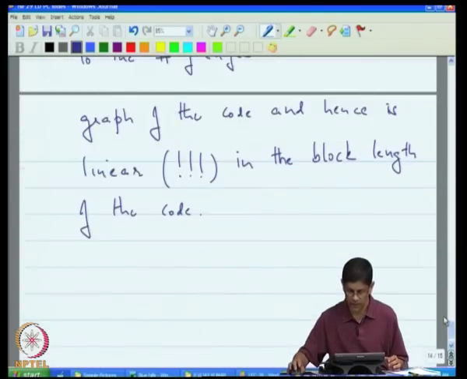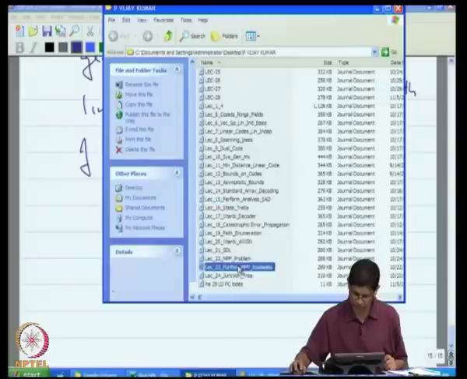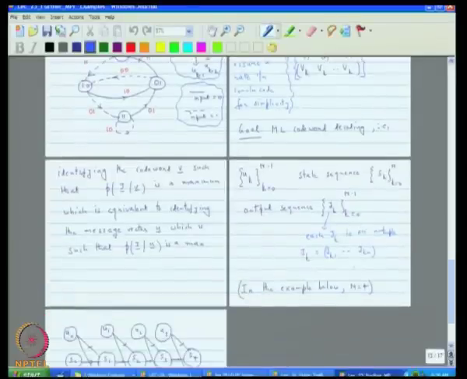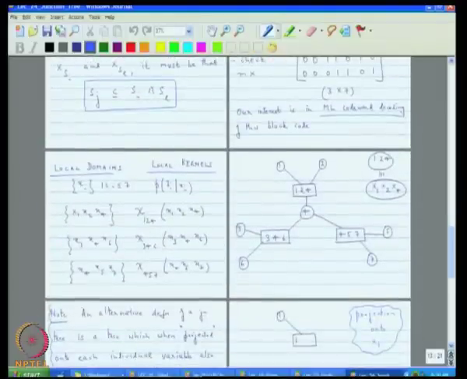If you recall, in an earlier lecture we looked at decoding the 7,4,2 block code. So, let us see if I can pull that up. Okay, here we go. This is what I was looking for.